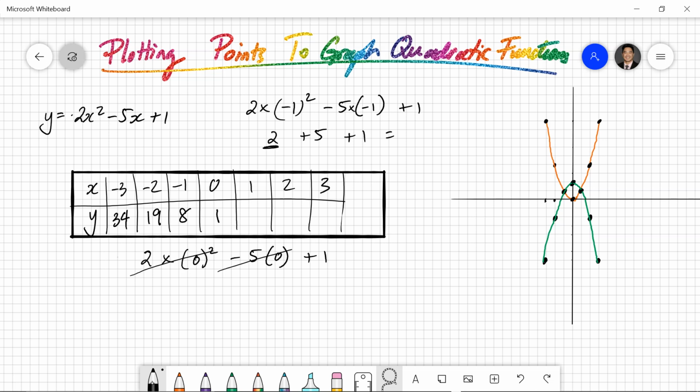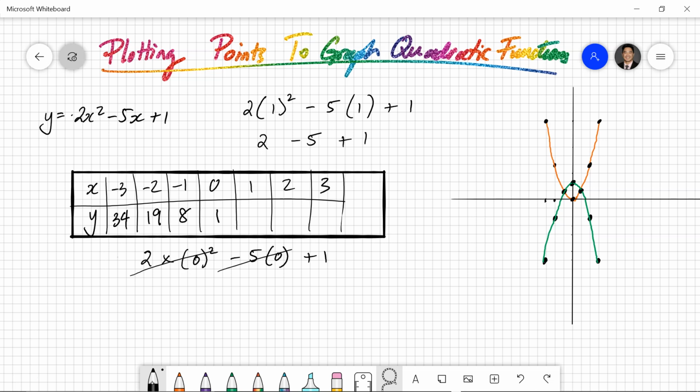And then in this case now, maybe I should just draw it. So 2 times 1 squared minus 5 times 1 plus 1. What we'll have is 2. But now we have minus 5, and then we have plus 1.